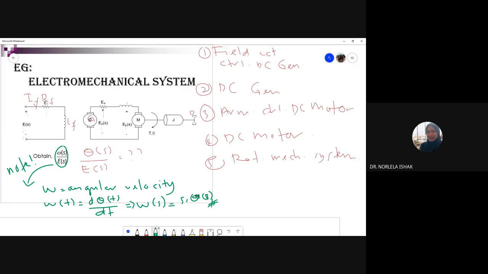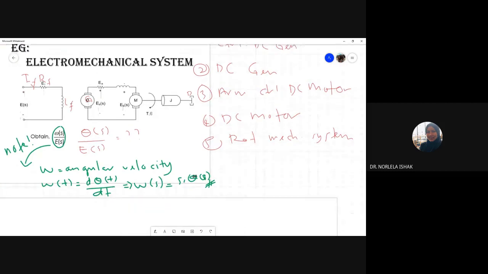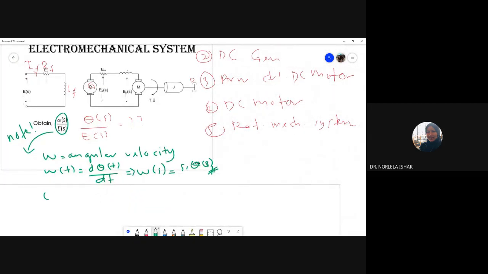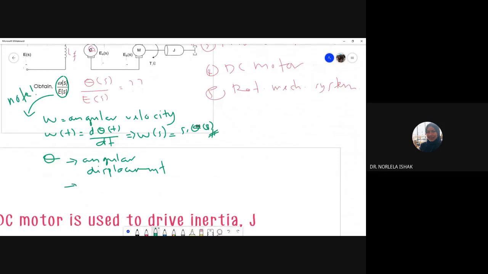Theta is the position angle, the angular displacement, or position angle.